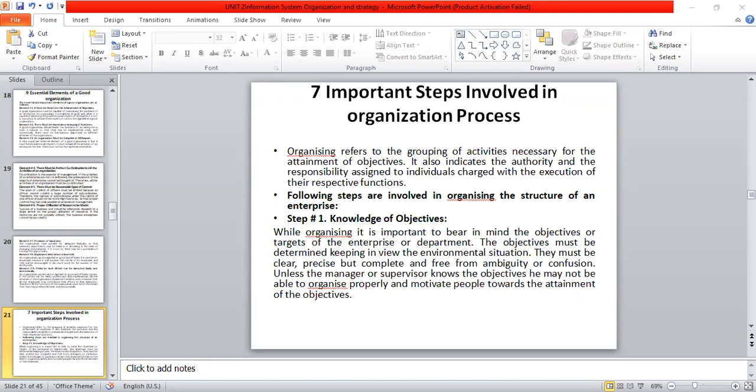Then promotion of satisfaction. Here we consider the employees who require personal satisfaction as well as job satisfaction. If we allocate the proper job to the respective person who has that respective skill, then that person will get job satisfaction.